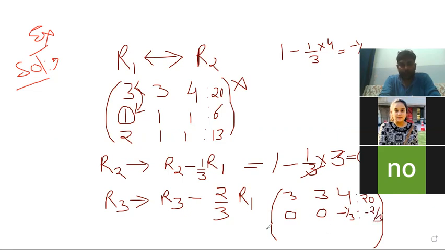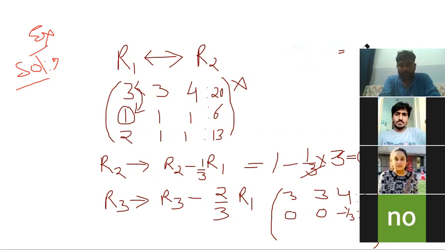And now in R3 you see that here is 2. So just I am giving सर the एक बार name. दोबारा से बताइएगा सर, यहाँ पे आपने क्या किया, ये 1/3 किस तरीके से आ गया?